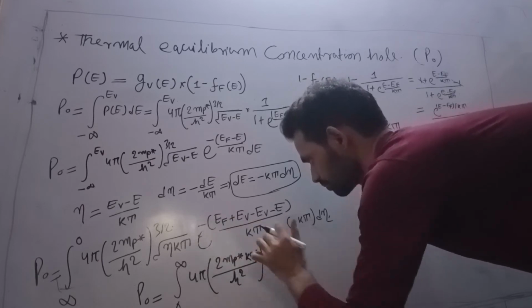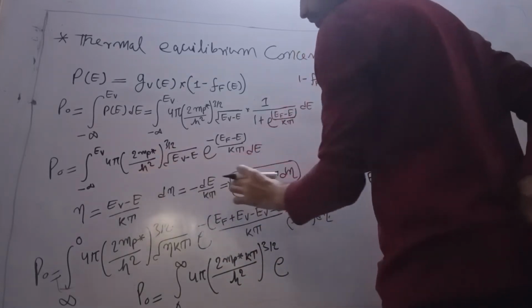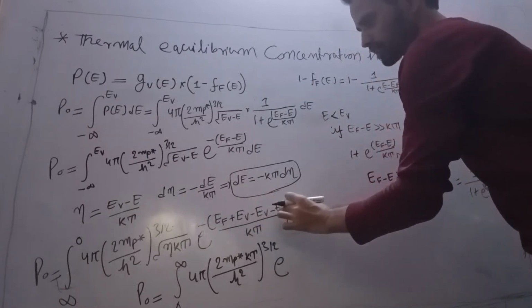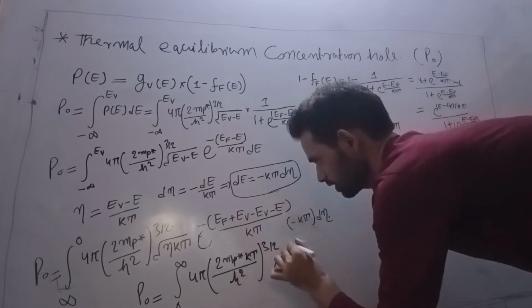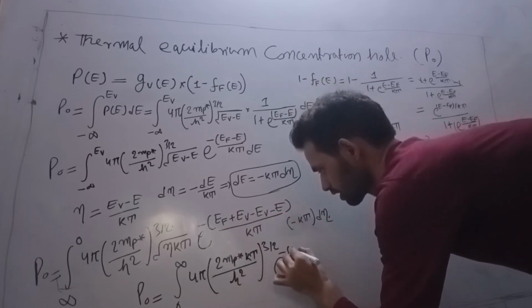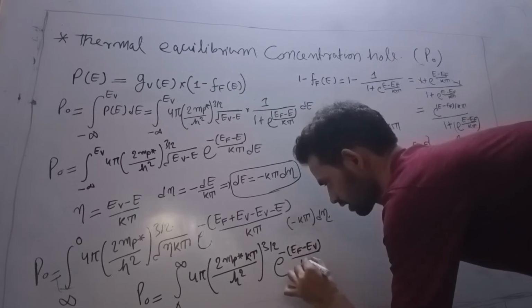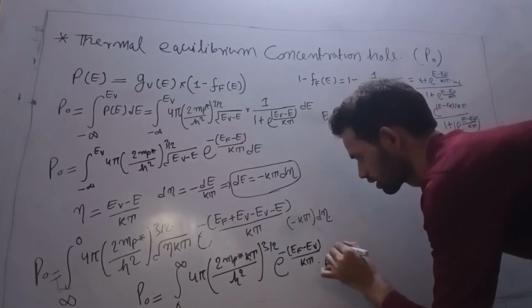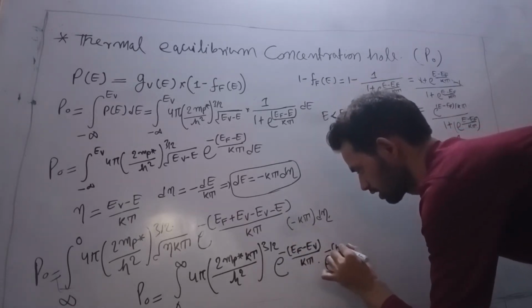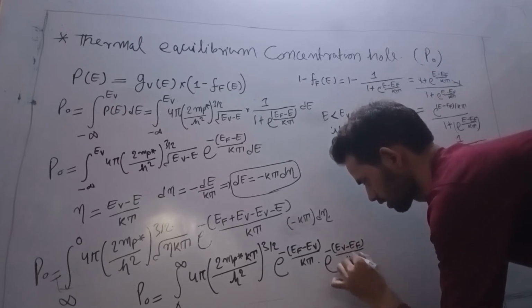Now separate this out. Just take Ev minus Ef separately, and Ef minus Ev separately. So Ef minus Ev will come this side, e to the power (Ef minus Ev) by kT, into e to the power minus (Ev minus E) by kT.